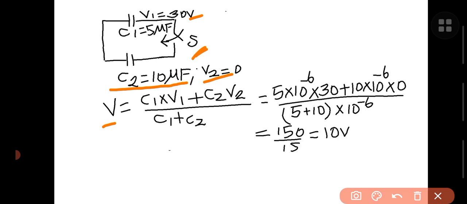We know C1 is 5 microfarad and V1 is 30 volt, C2 is 10 microfarad, V2 is uncharged, so it is 0, divided by C1 plus C2. Substituting the values, we get 150 divided by 15, which is equal to 10 volt.